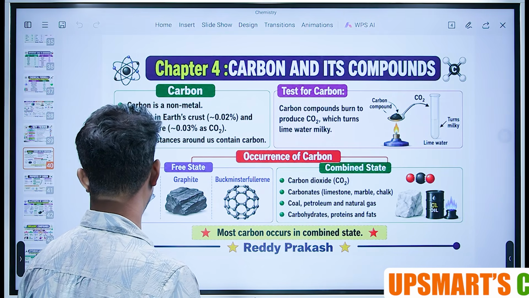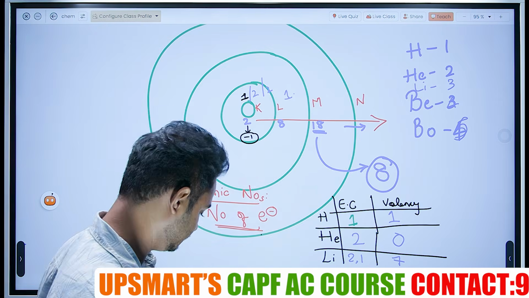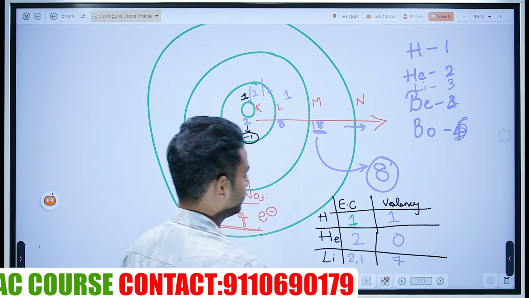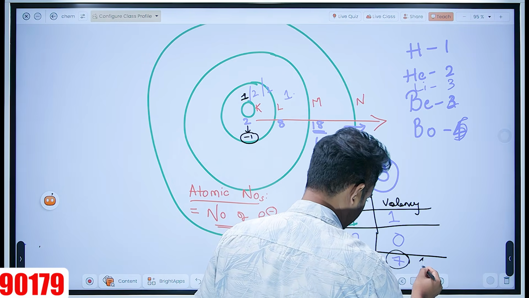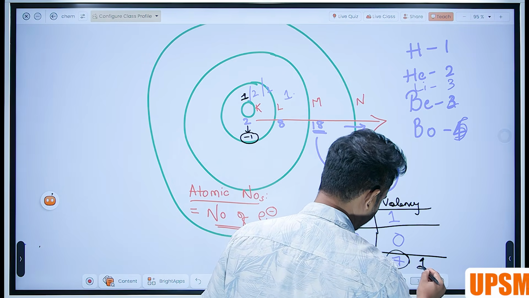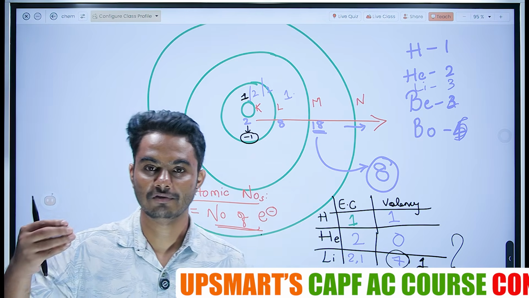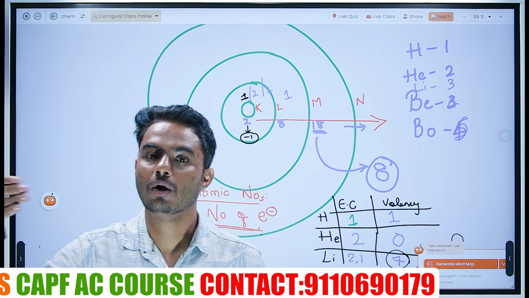So if we go back, I told you, see, the valency of lithium should be 7, but it is 1. What is the reason for this? Valency means valent, the outermost shell. It is related to the outermost shell.